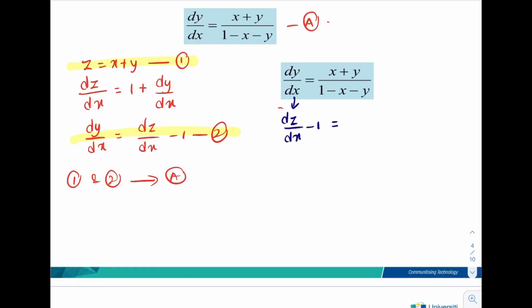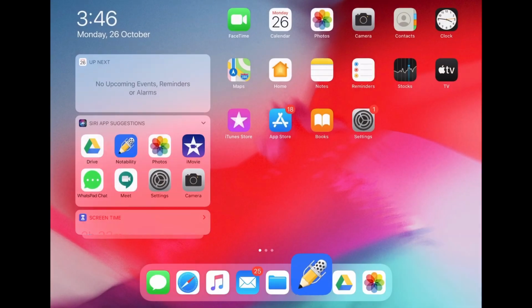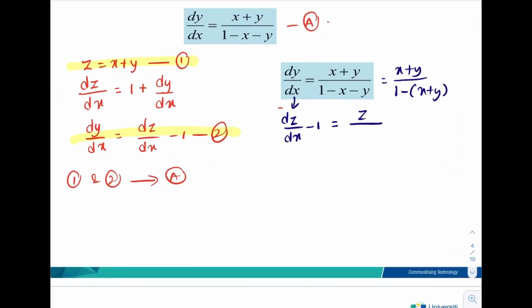This is very clear, so this will become z. This one, if we simplify, we will have 1 minus bracket x plus y, isn't it? So this one will be 1 minus z.